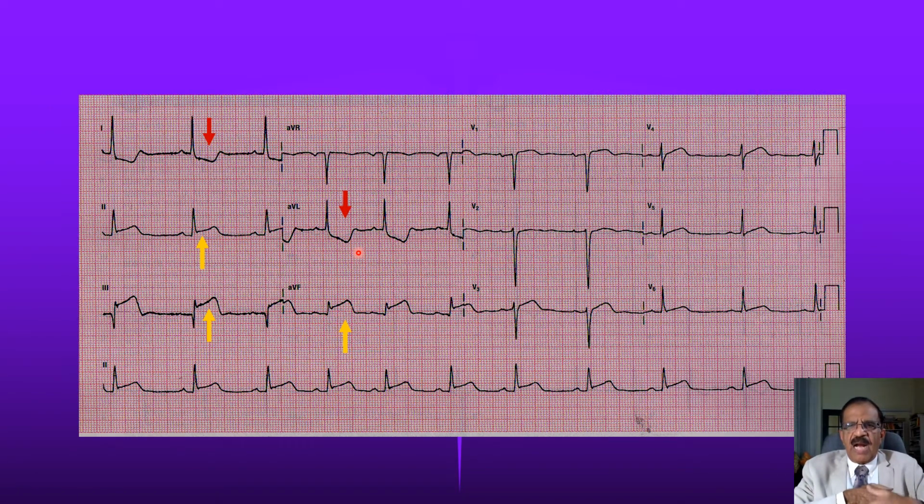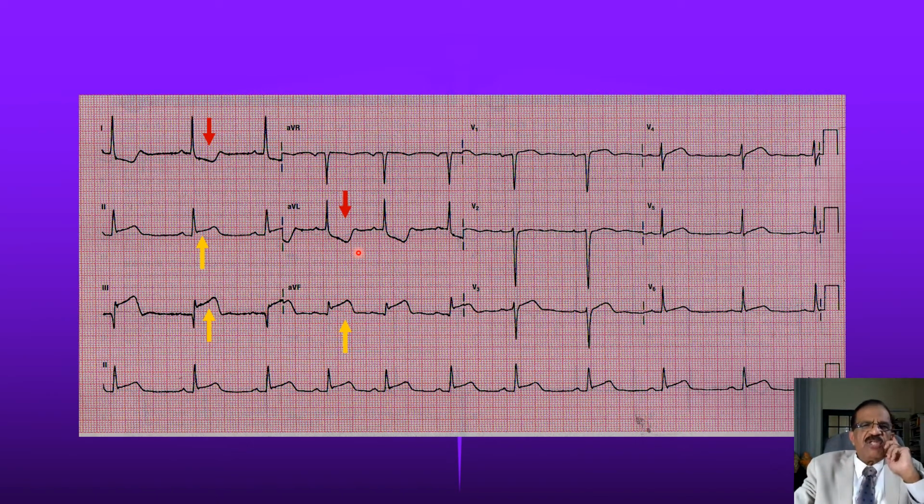If you imagine the heart, the inferior surface is here and then the lateral surface is here. Imagine the shape of the heart is globular. So these limb lead 1 and AVL are just opposite to limb lead 2, 3 and AVF.